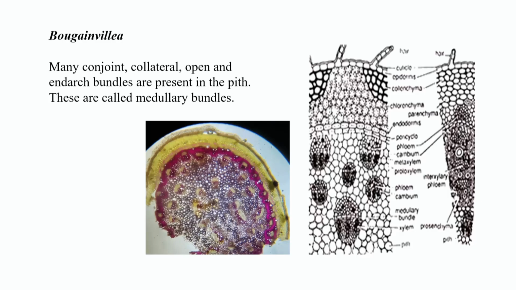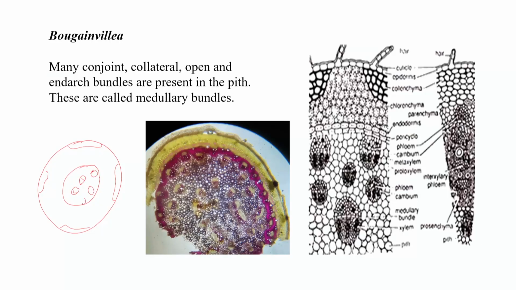Similarly, in Bougainvillea also you will find a lot of vascular bundles in the center. You will find some collenchymatous tissue on the boundaries, then the cortex, and in the center a lot of scattered vascular bundles.